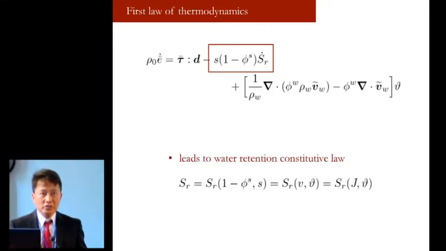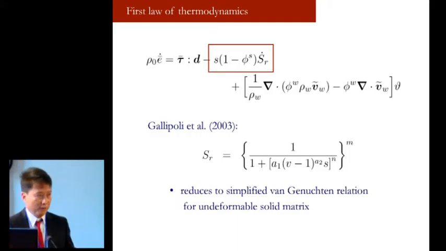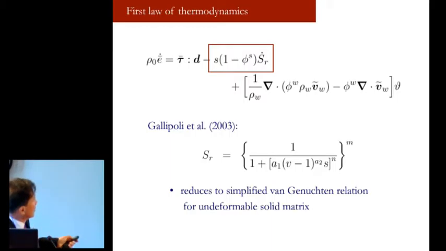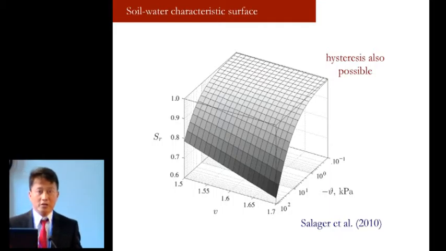Here's a representation in a three-dimensional picture of the water retention law. It is a surface and not a curve. It relates the degree of saturation, the specific volume, and the Kirchhoff suction stress. Now, of course, we have one surface of this type for wetting, and we expect that there has to be another surface for drying.